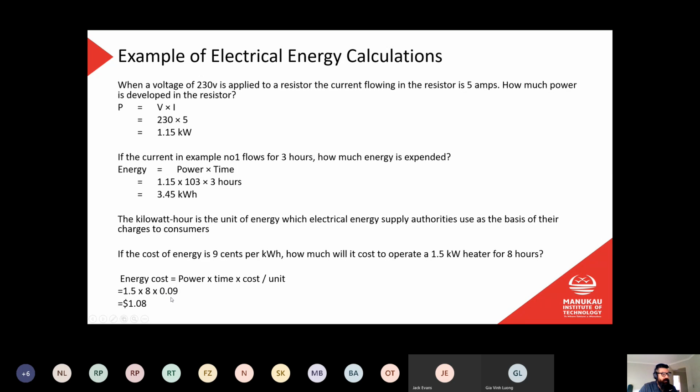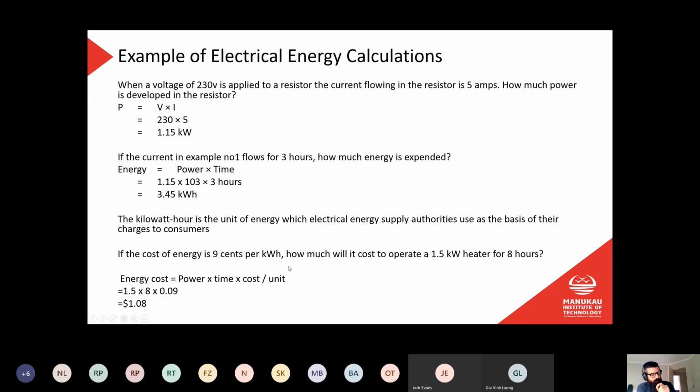And then we multiply that by our energy cost per unit, $0.09, which is 9 cents, per kilowatt hour. So 1.5 times 8 is 12, times 0.09 should equal $1.08. So it's going to cost us $1.08 to run our 1.5 kilowatt heater for 8 hours.